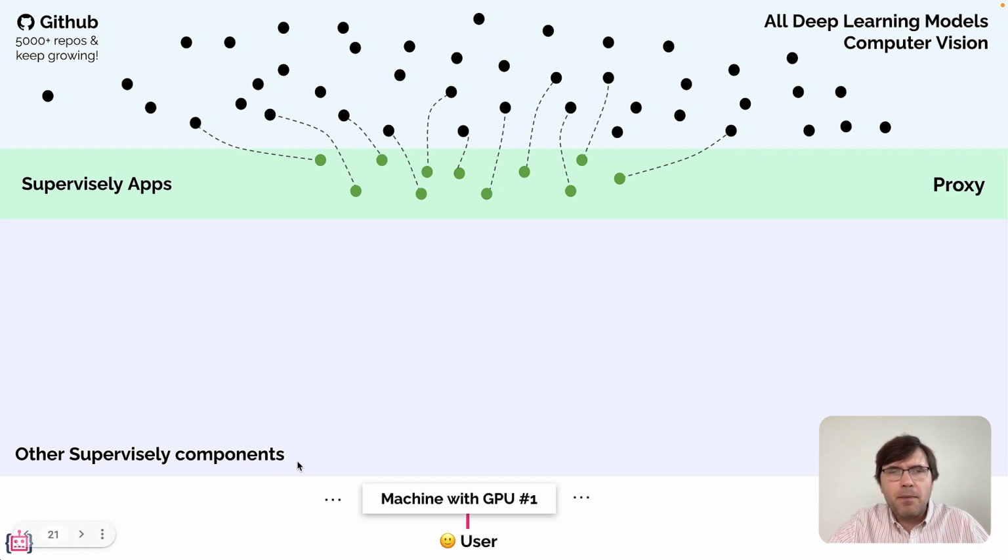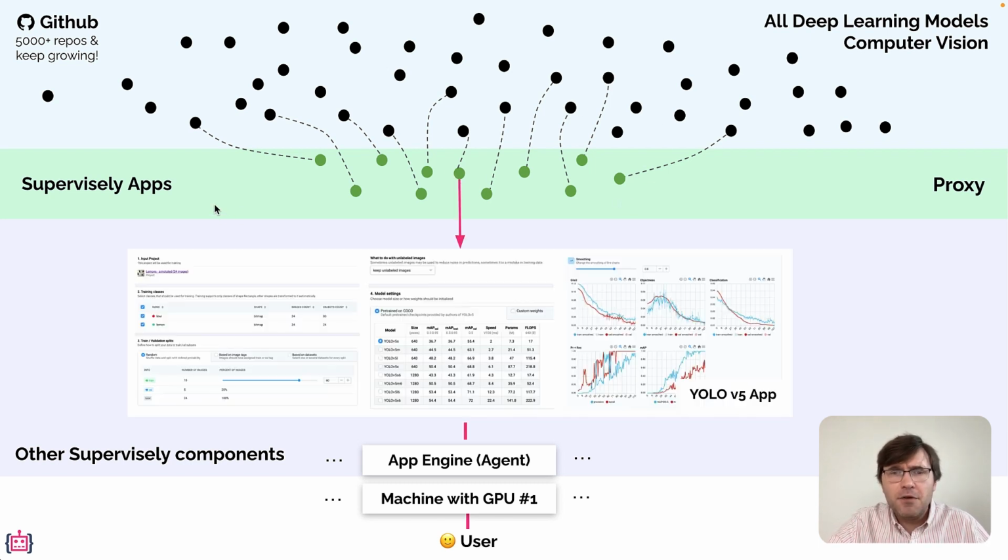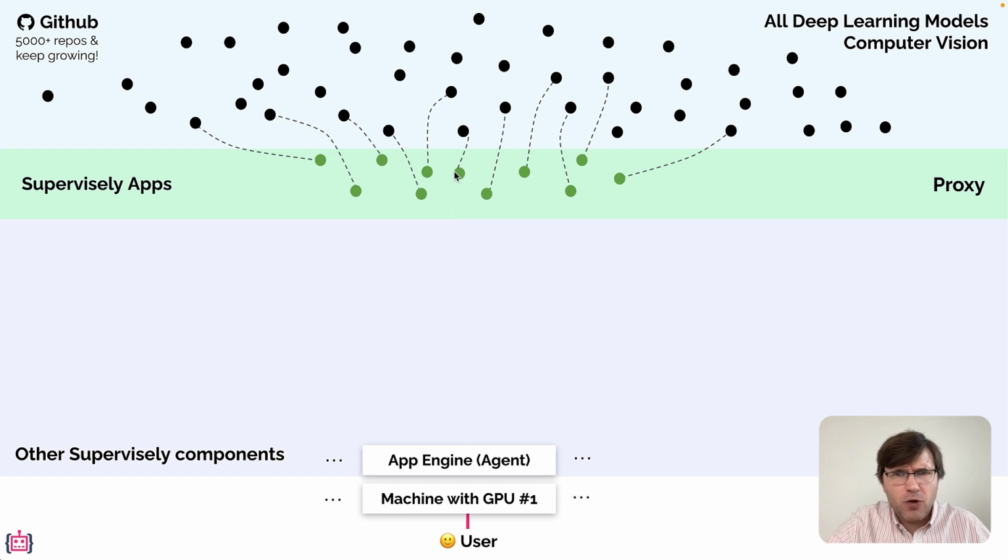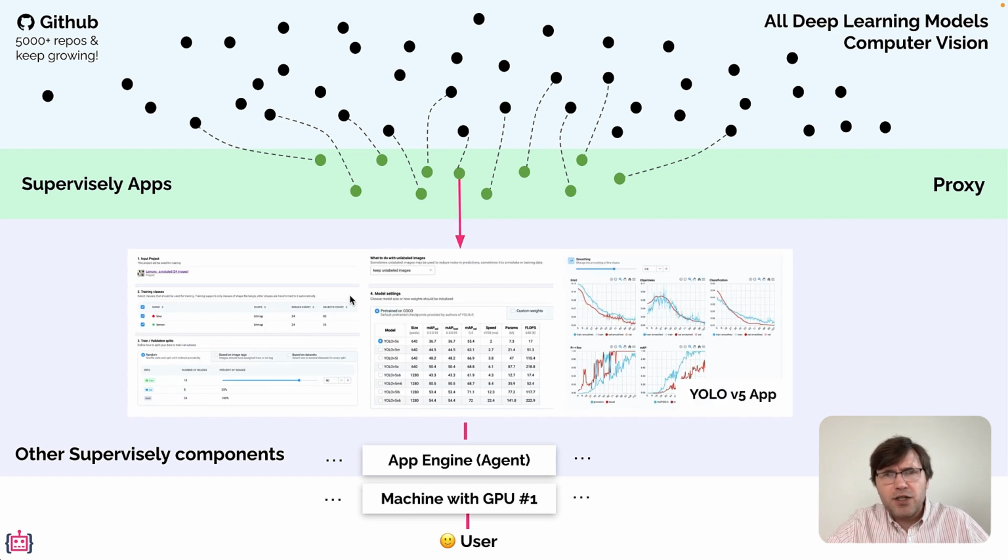And the main idea here is that a user might become connected to this universe of GitHub repositories through this proxy layer of Supervisely apps if he just installs the app engine or agent on his or her machine. And then once the user becomes connected, he can just click or run an app and have a convenient way to use this app via graphical user interface.